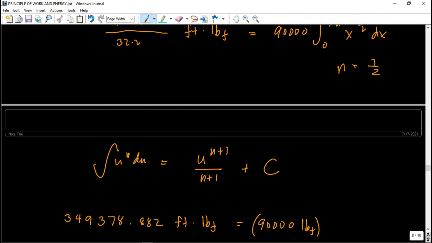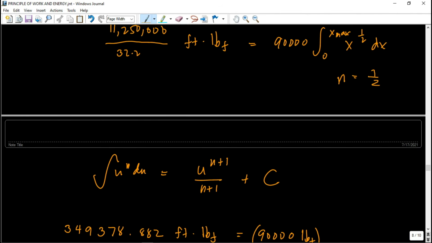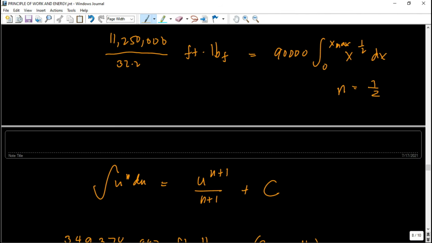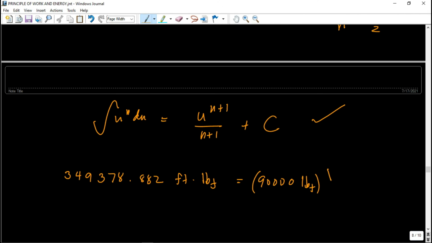And we have here this integral. Okay, so integral of x raised to 1 half dx. So using the power formula, so that is x raised to 1 half plus 1 divided by 1 half plus 1. Okay, from this formula. So the limit is from 0 to x max.